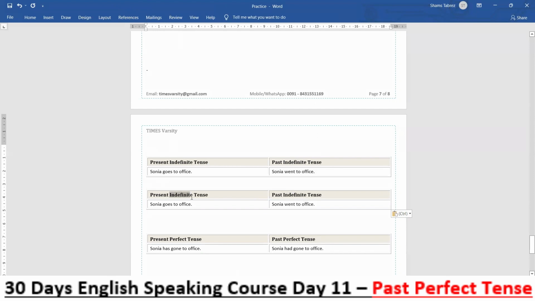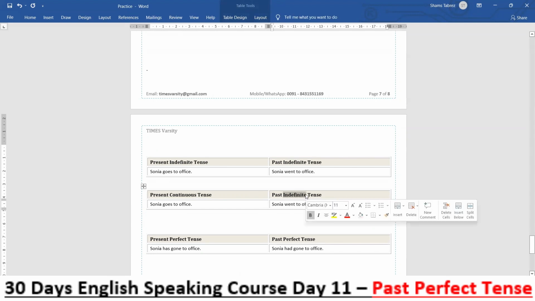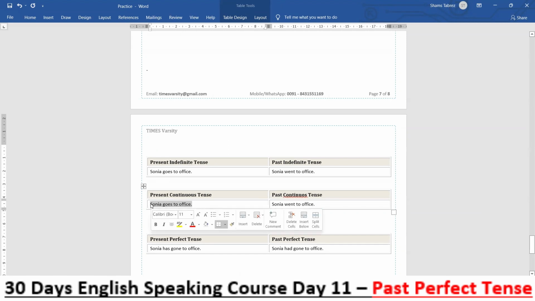Present continuous tense, past continuous tense. Yes. So here in present continuous, it will be like Sonia is going to office, and in past continuous, it will be Sonia was going to office.